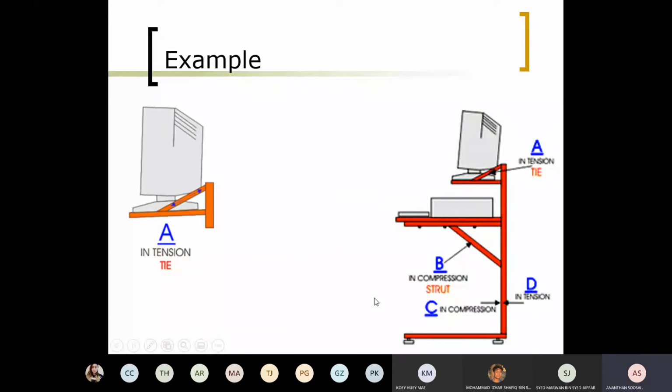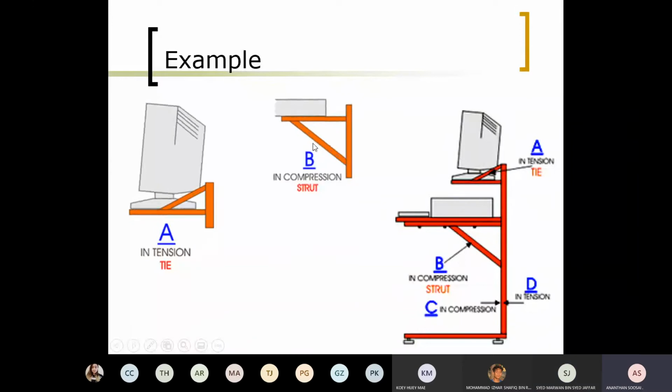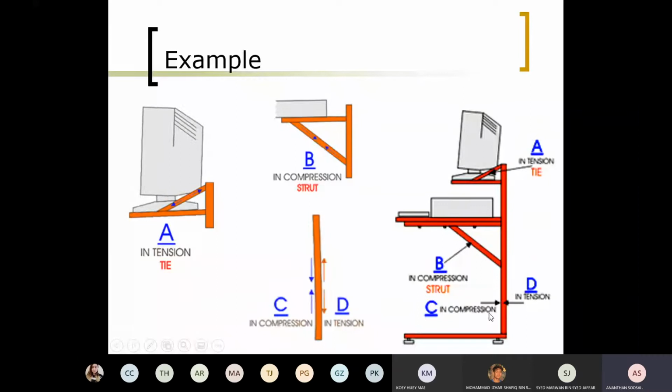Look at the C and D. Let's say this rod wants to bend to the left. The D region, the outer region, will be under tension. The C region will be under compression. So you need to identify whether it is under compression or tension.